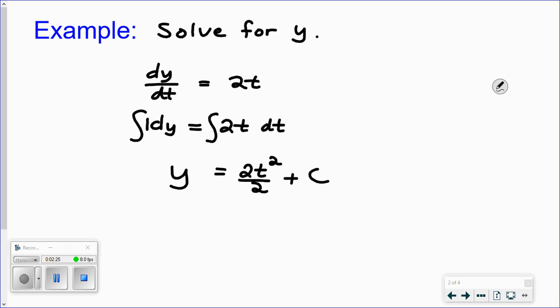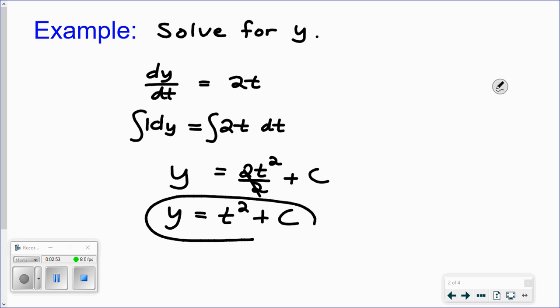When I integrate both sides, the antiderivative of 1 times dy gives y, equals, and the antiderivative of 2t is 2t squared over 2, plus c, just adding the plus c to the right side. Then, of course, we can simplify, and we'll get y equals t squared plus c.